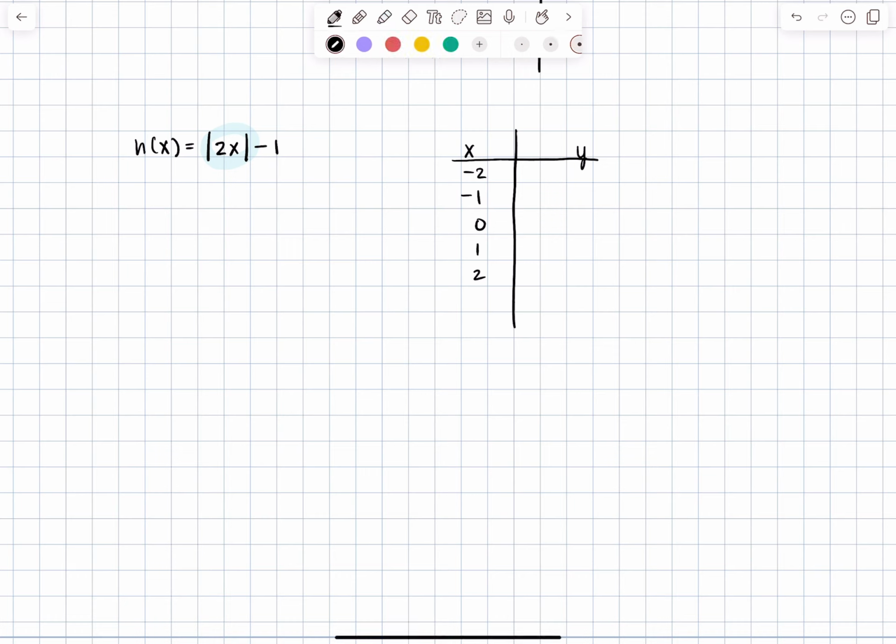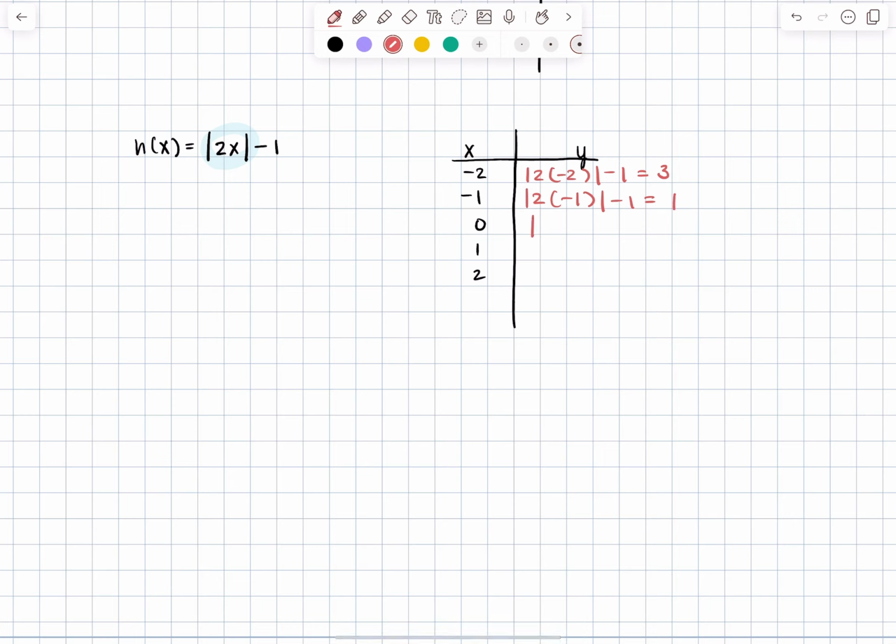So when I plug in 2 times -2 minus 1, we're going to get 2 times -2 is -4. Absolute value of -4 is 4. 4 minus 1 is 3. Here we have 2 times -1, minus 1. So 2 times -1 is -2. The absolute value of -2 is 2. 2 minus 1 is 1.